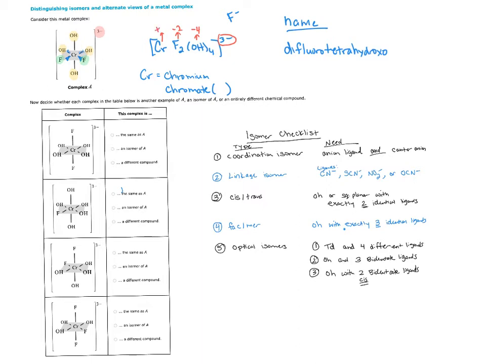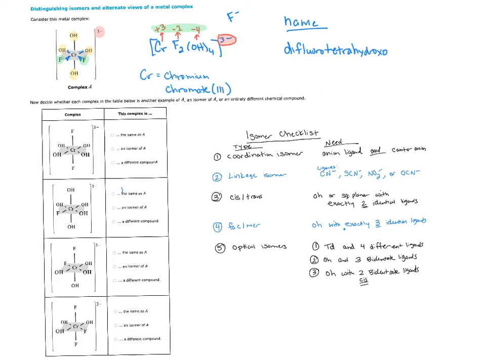So chromium must be +3 because all of these charges must add up to that one. We can double check. +3 and -6 does indeed give us -3. So this is chromate 3.